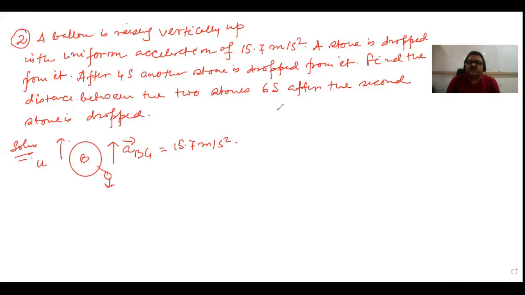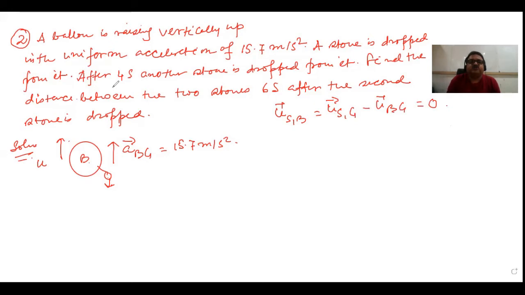So the initial velocity of the first stone with respect to the balloon is equal to the velocity of the stone with respect to ground minus the velocity of the balloon with respect to ground, and both are equal, so it is 0.